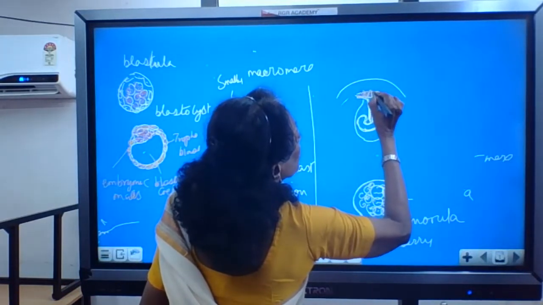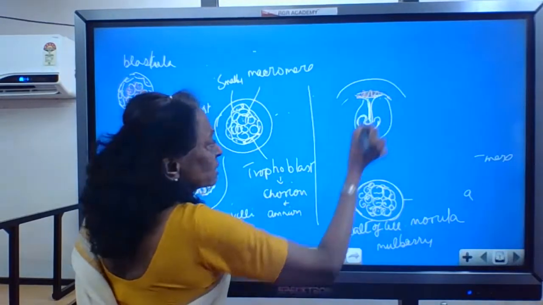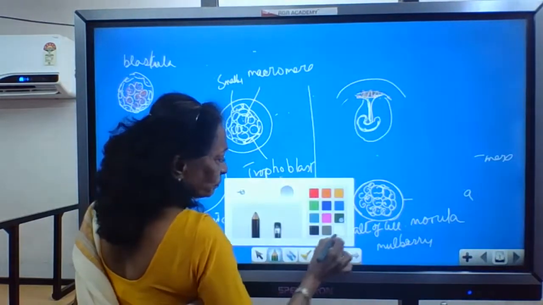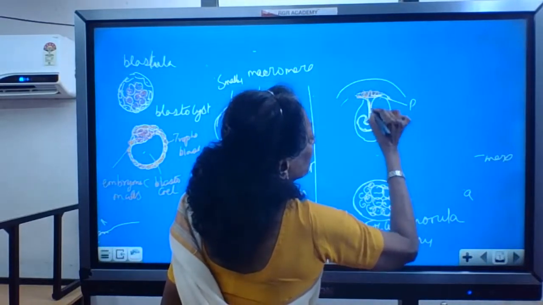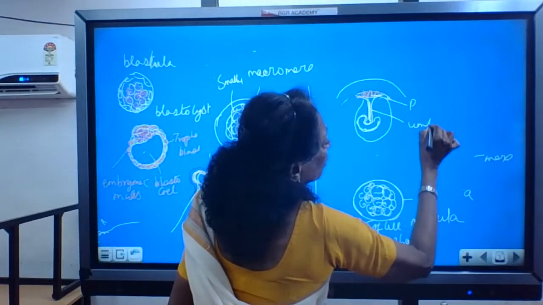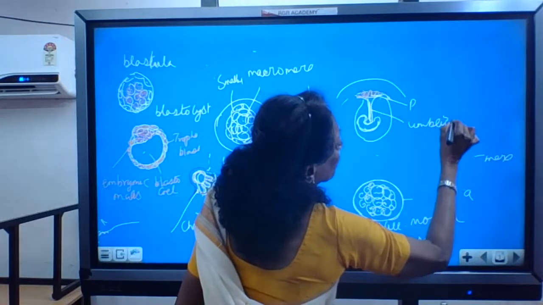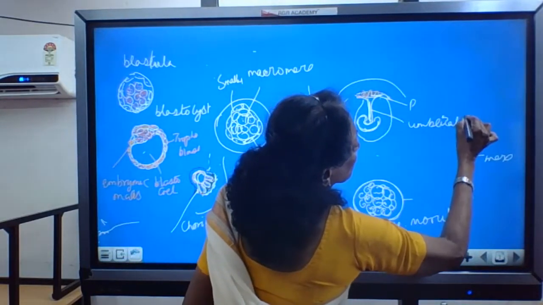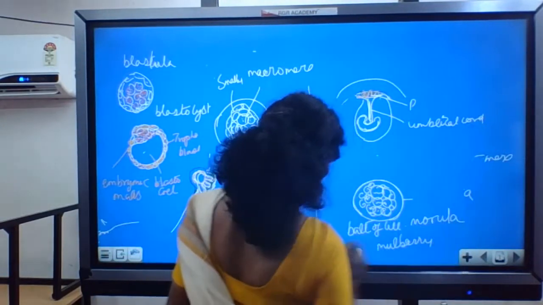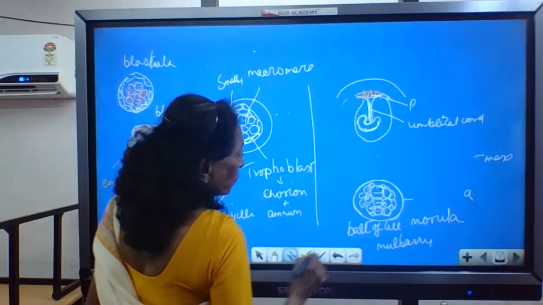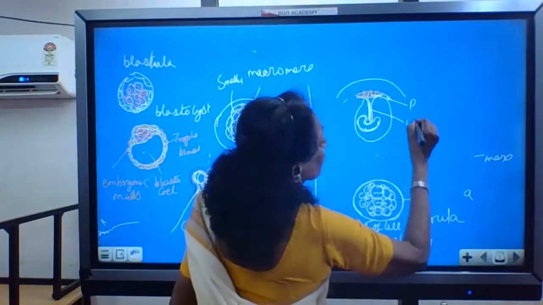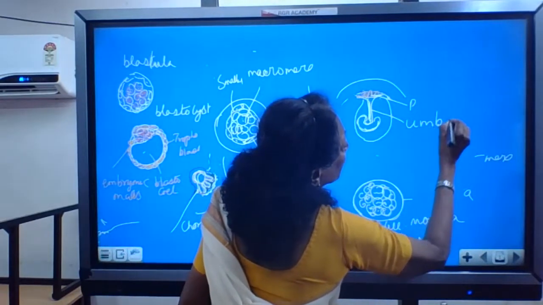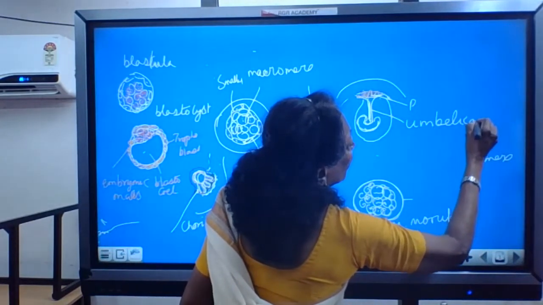This whole place is the placenta. This is the umbilical cord and the embryo. Cord means rope.